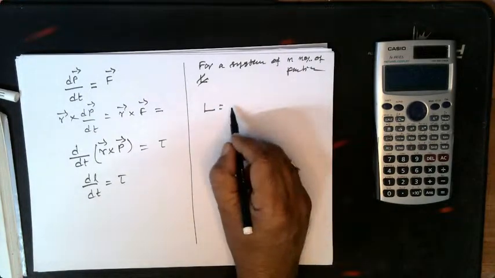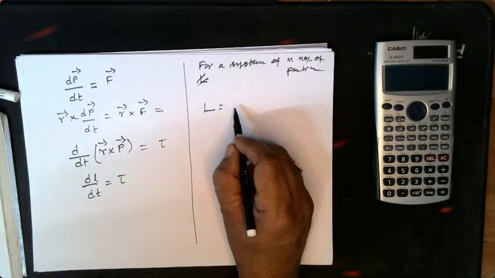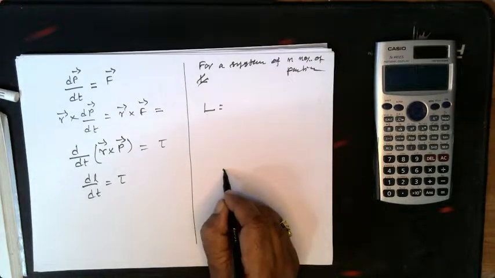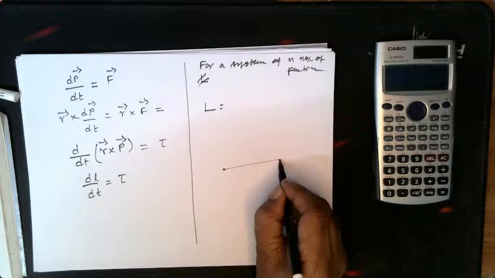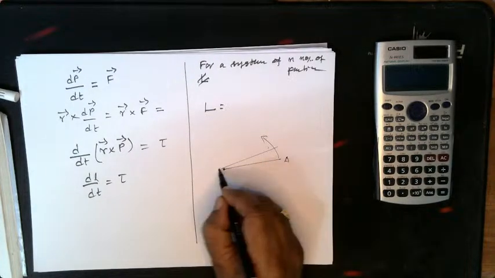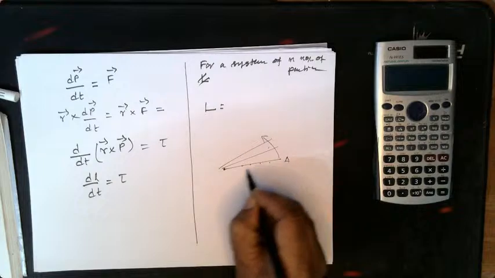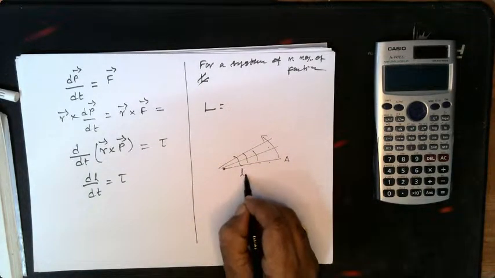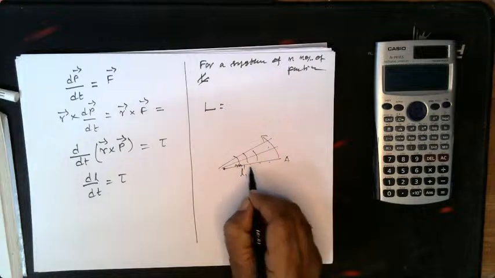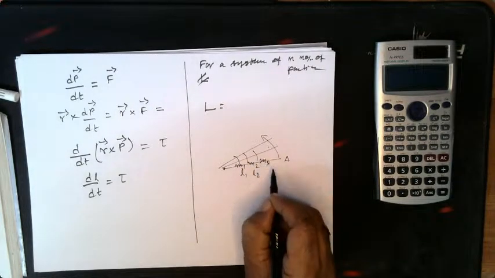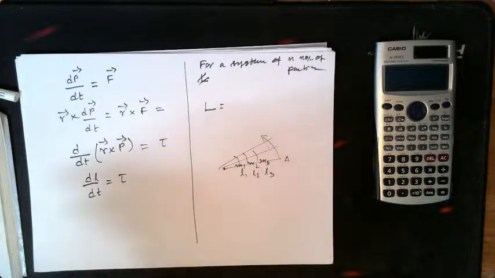Now each particle will be having its own angular momentum, is it not? For example, you have got some point of twist here, and this is A. It is going to be twisted like this. So each particle will be having a twist, is it not? Okay. So it means L1, for example, for point mass m1, m2 for L2, m3 for L3. Likewise, n number of particles are there.